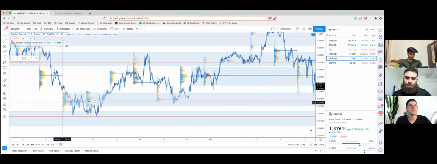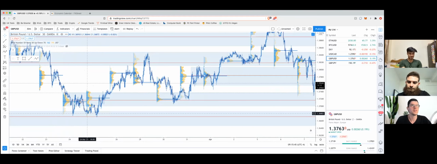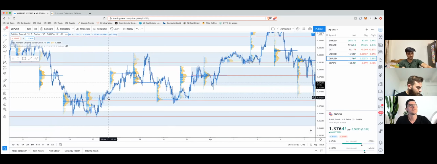Here's another good example of a composite zone. Price came down, found a bit of support and ranged here for 2 days. So that's saying, okay, there's value built here because for 2 days straight we've had people buying and selling positions in this zone. When price comes back up, it shot out of this value zone and bounced up to this value zone.